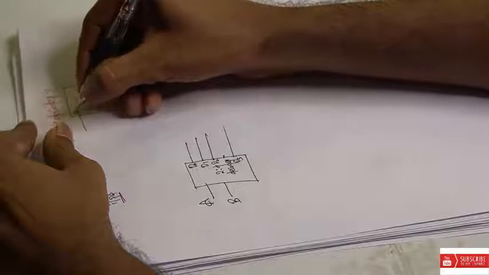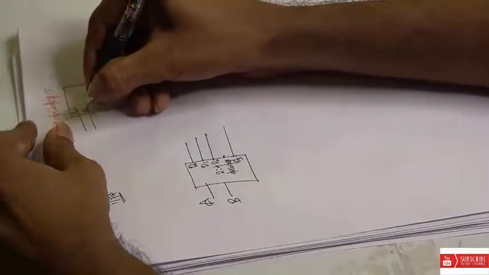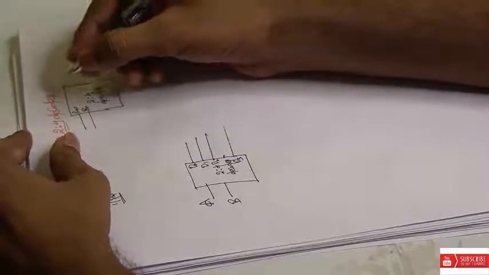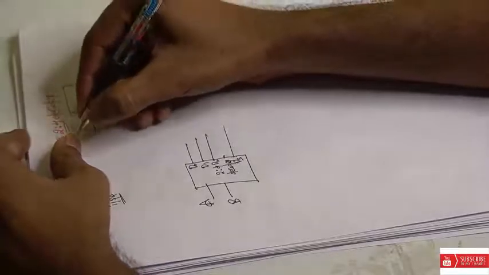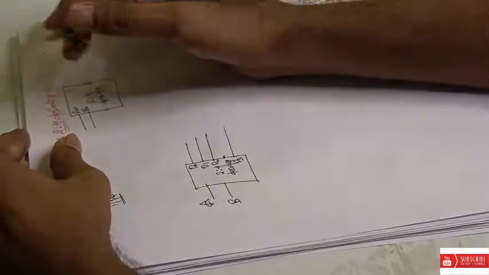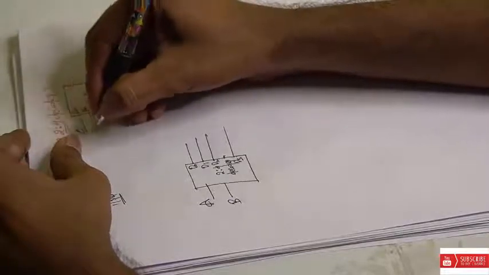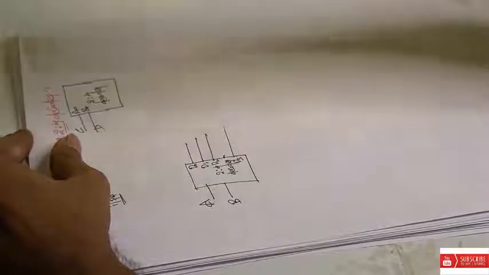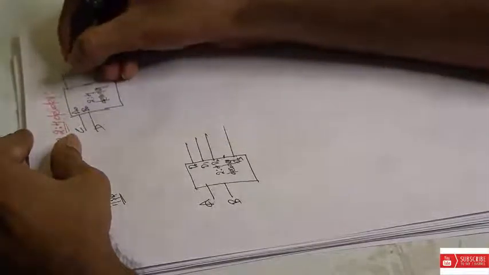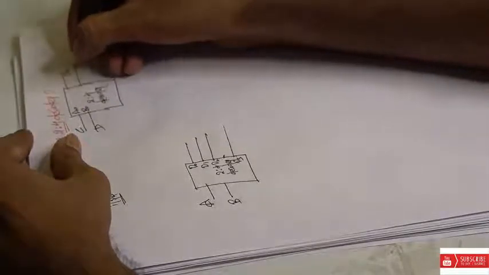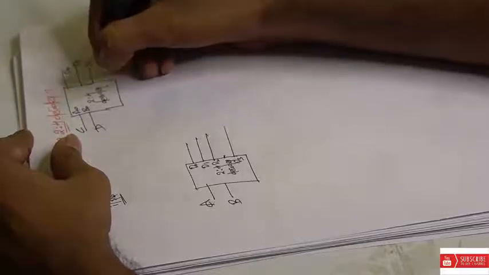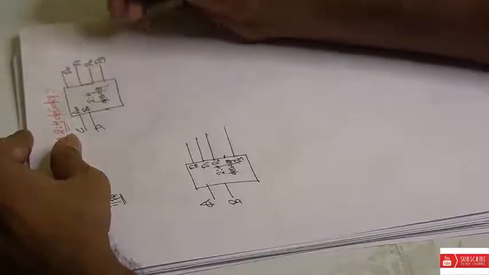and here this will become A0, this will become B0, the internal inputs, and the outer inputs will be C, D. Here the outputs are D0, D1, D2 and D3.